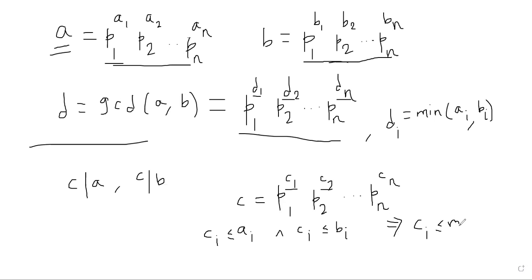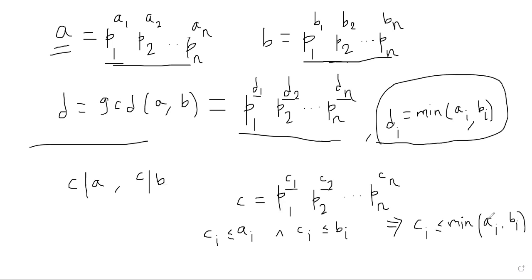Why? Because the minimum of Ai, Bi can be either Ai or Bi, right? That's the reason why I say Ci has to be less than or equal to the minimum of Ai and Bi, which is nothing but Di. How did we define Di? Di is nothing but the minimum of Ai and Bi, which means Ci is less than or equal to Di.